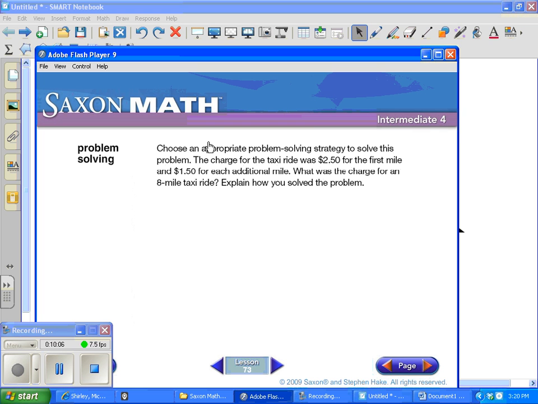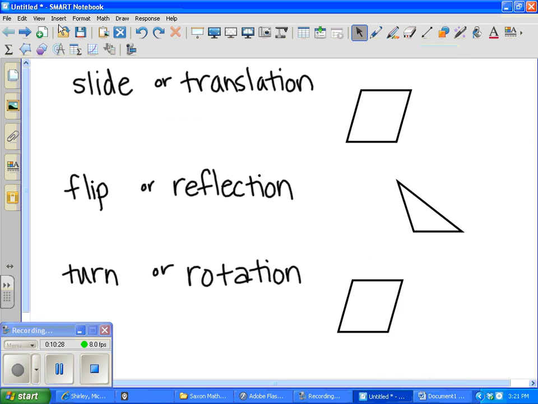Okay, problem solving. The charge for the taxi ride was $2.50 for the first mile and $1.50 for each additional mile. What was the charge for an 8-mile taxi ride? Explain how you solved your problem. For this one, I would love to make a table. And so we will go for 8 miles.